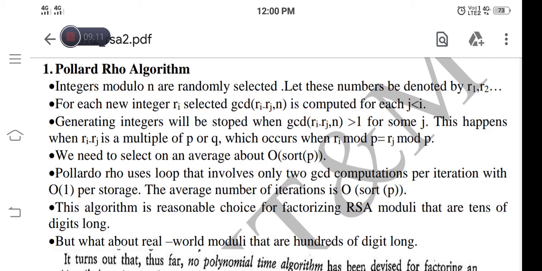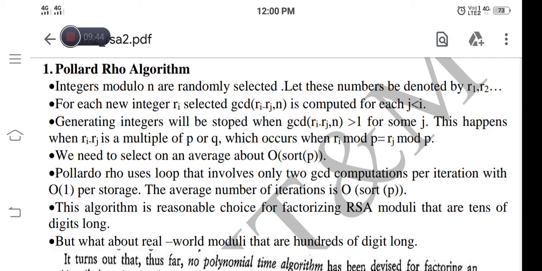And this Pollard-RHO uses a loop that involves only 2 GCD computations per iteration with big O of 1 storage. Again, the time complexity associated with the number of iterations is big O of square root of p. In the book the algorithm is not given, just a few points of the Pollard-RHO algorithm are discussed.